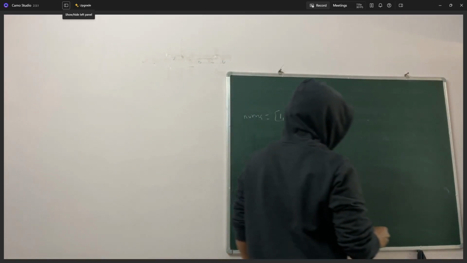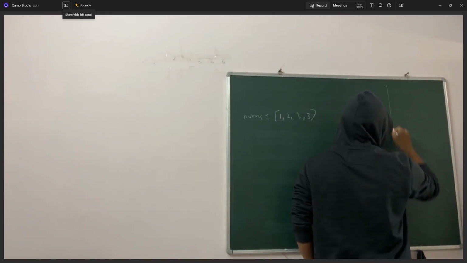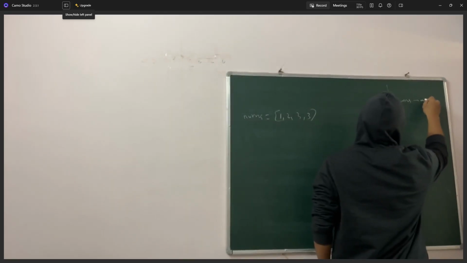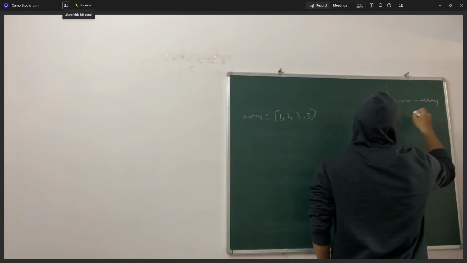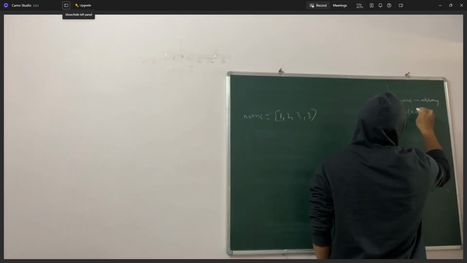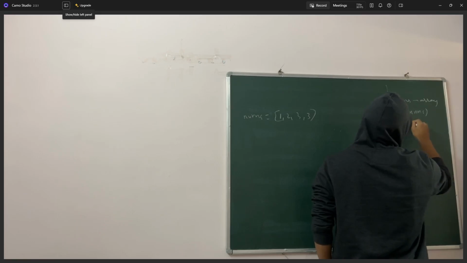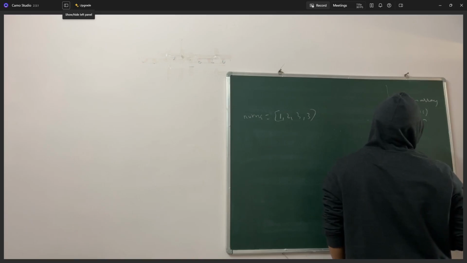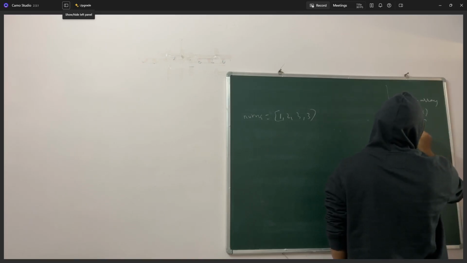So what they've said is they've given an integer array nums. It's an array and its length is 2n. Length of nums is basically 2 into n, for some integer n from 1 to some 10 power 5 or something like that.